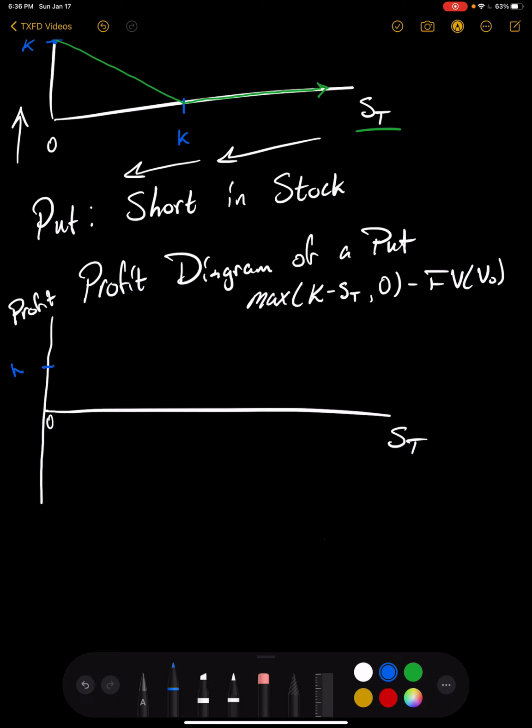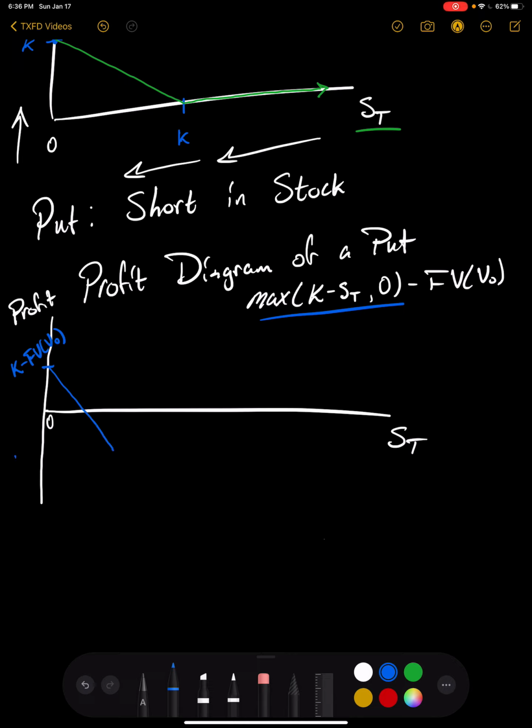It's going to be the strike price minus the future value of the initial cost. That's the best we can do. And we're going to decrease from there until this part of our function is 0, and we get down to the negative future value of our initial cost, right?